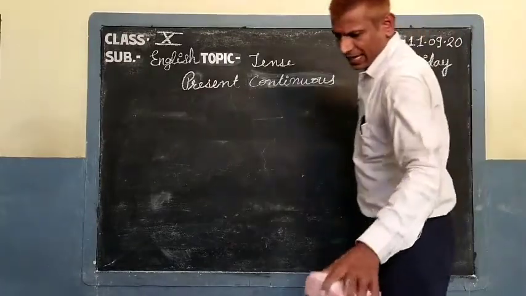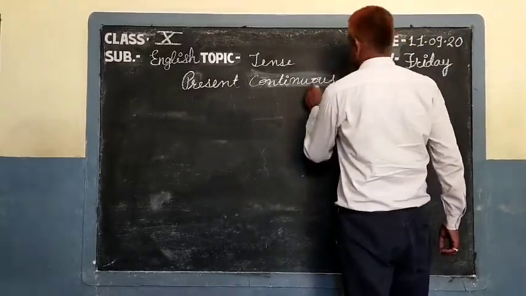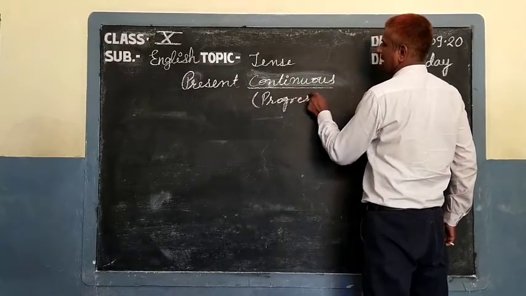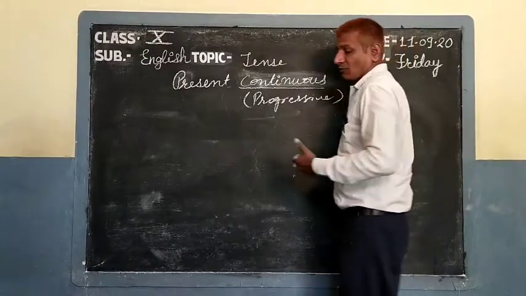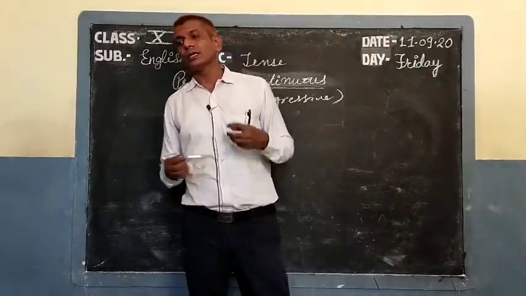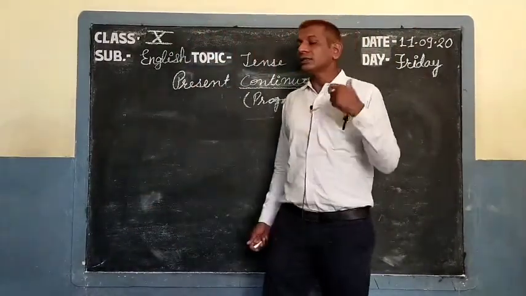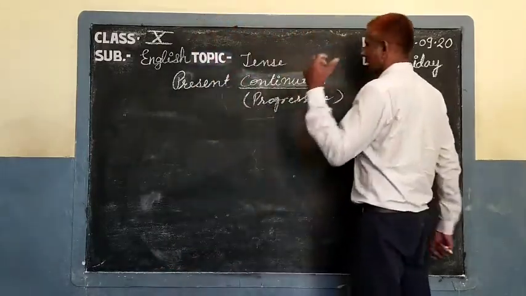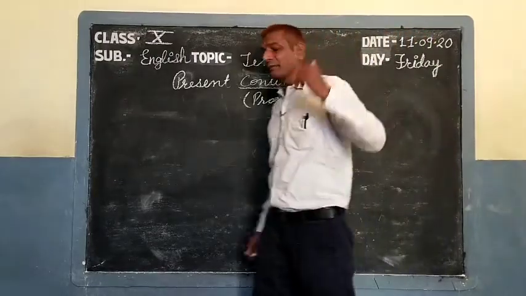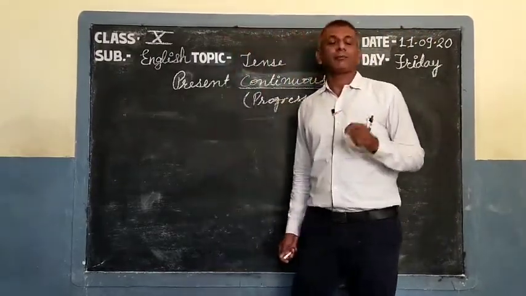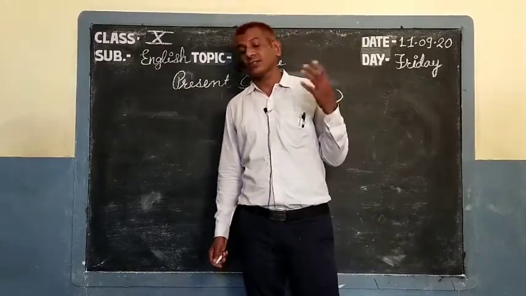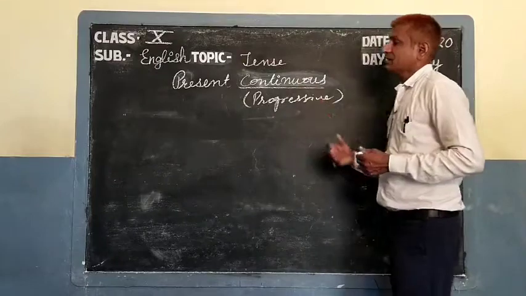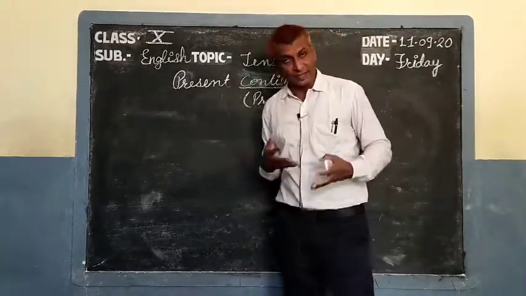So students, as in the previous tense present indefinite, you people had some process. First, I told you the verb. In the verbs, I told you in the progress. If you remember, in the beginning, I told you one by one present indefinite, continuous, perfect, perfect continuous of all the three times. So this is tense, present continuous and continuous time.